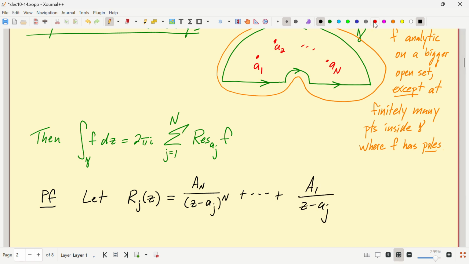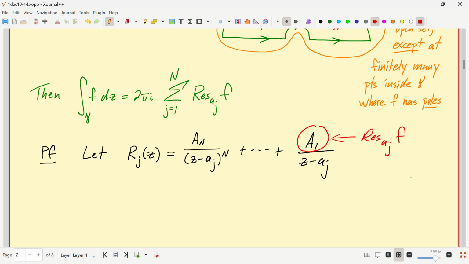And the residue term was this a1 term. That's the residue at aj of f. So that's going to be the principal part of f at aj.